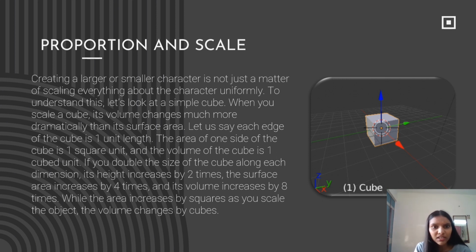The area of one side of the cube is 1 square unit and the volume of the cube is 1 cubic unit. If you double the size of a cube along each dimension, its height increases by 2 times, its surface area increases by 4 times, and its volume increases by 8 times. While the area increases by squares as you scale the object, the volume increases by cubes.